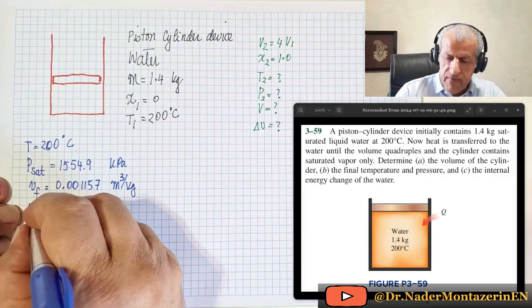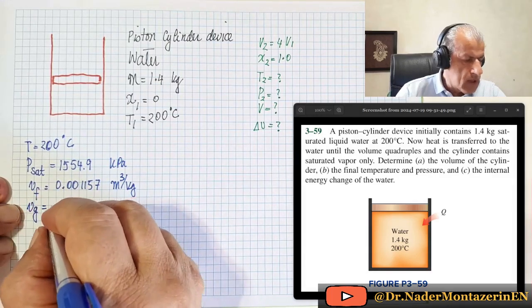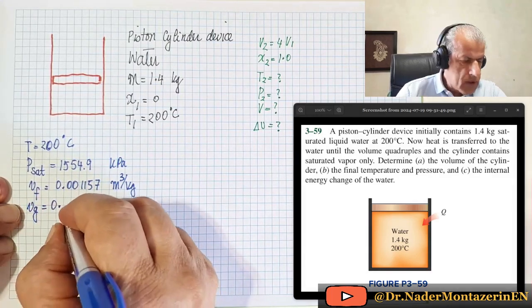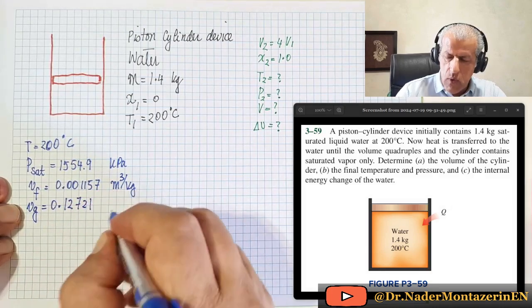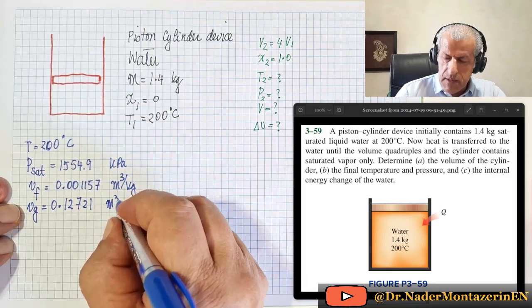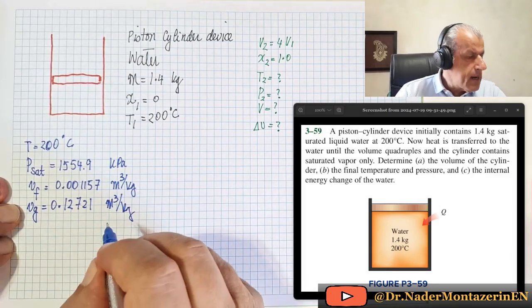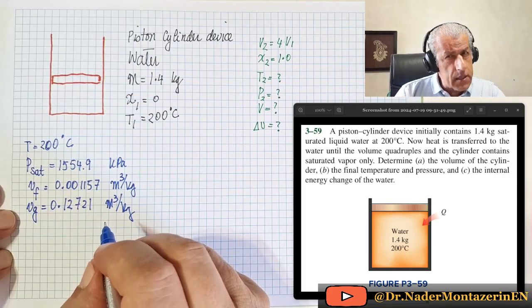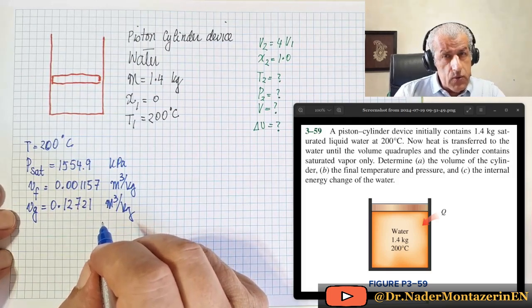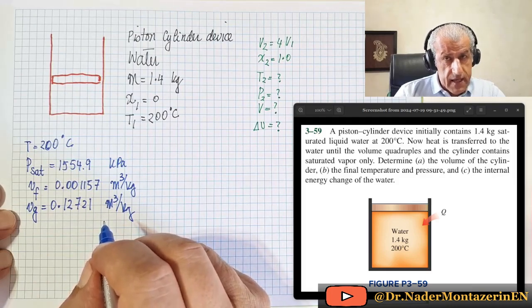We know that Vg equals 0.12721 cubic meters per kilogram.